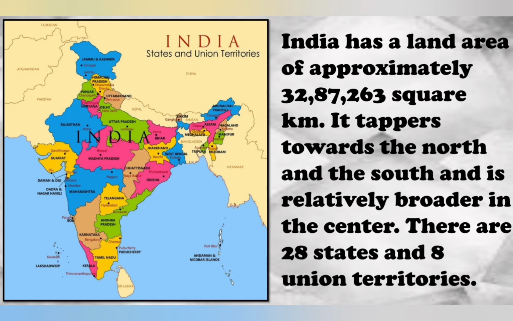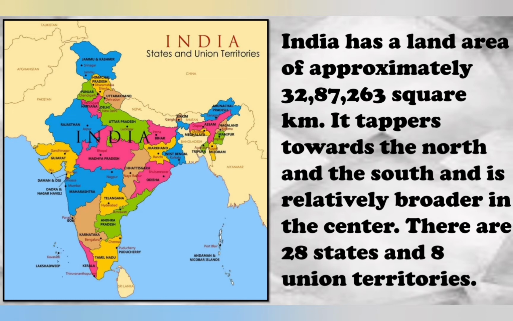India has a land area of approximately 32,87,263 square kilometers. I'm sure you all can imagine how huge India is, right?